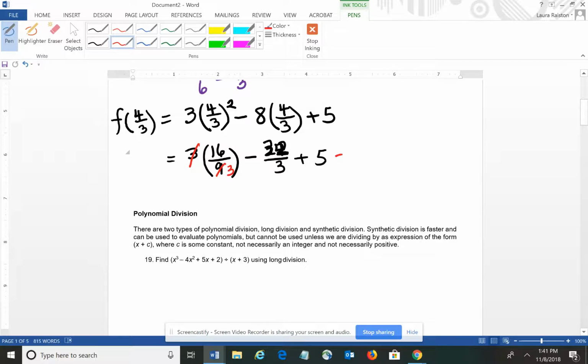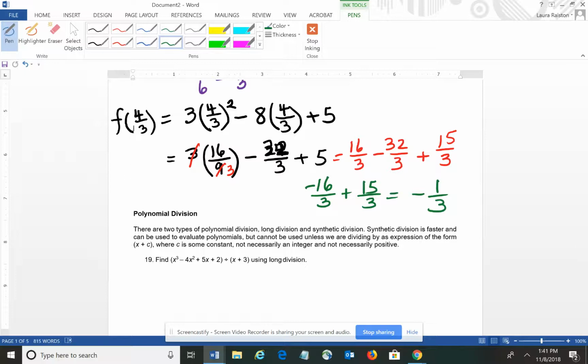So I have 16/3 minus 32/3 plus, and I'm going to change 5 into thirds, it would be 15/3. So working from left to right, 16 minus 32 would be -16/3 plus 15/3, which is -1/3.